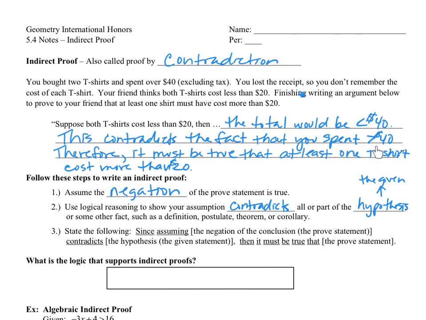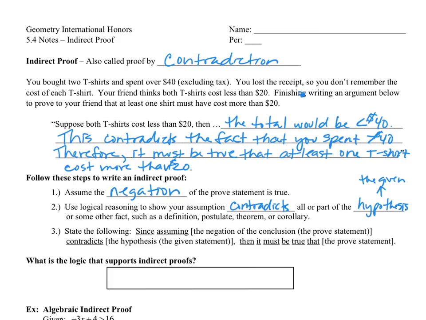We knew that we had spent more than $40. So therefore, since assuming that both t-shirts cost less than $20 contradicted what we knew to be true, then it must be true that at least one t-shirt cost more than $20.